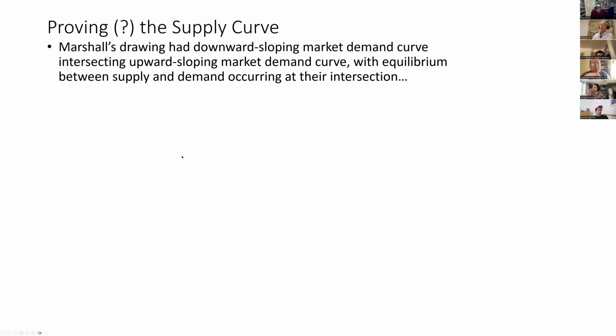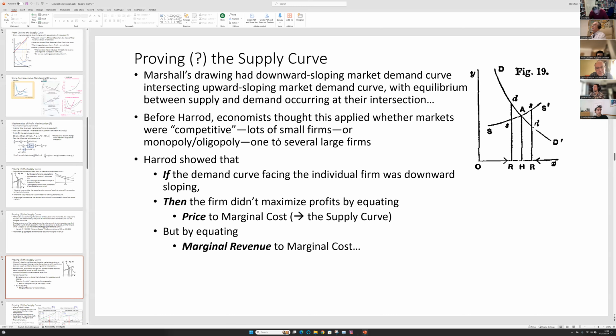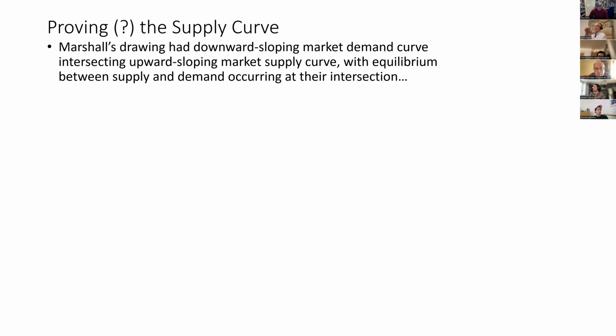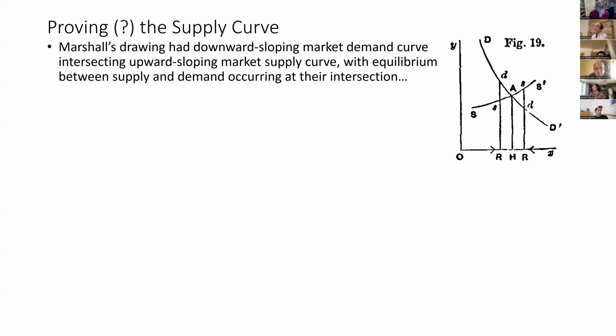Now, when you look at Marshall's drawing, you had a downward sloping market demand curve intersecting an upward sloping market supply curve. Hang on, that should be a market supply, pardon me. I better fix that. So Marshall drew this downward sloping market demand, upward sloping market supply, and equilibrium at the point of the two.